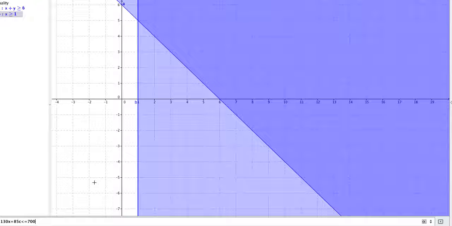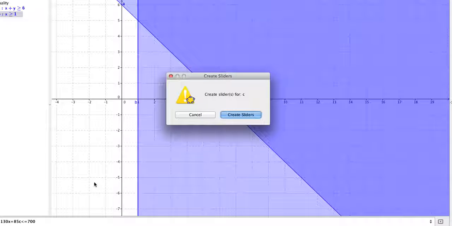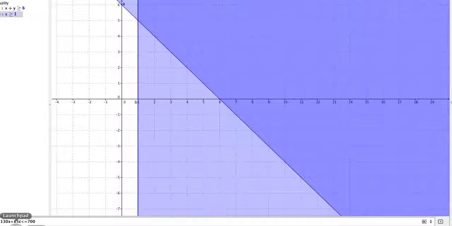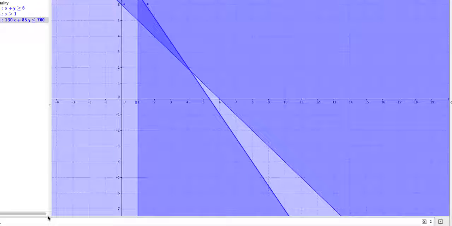Okay, and if we graph that, this is how it's going to look. Oops, because I canceled that, and we need to put this as a y, not as a c. There you go. And we simply press enter there.